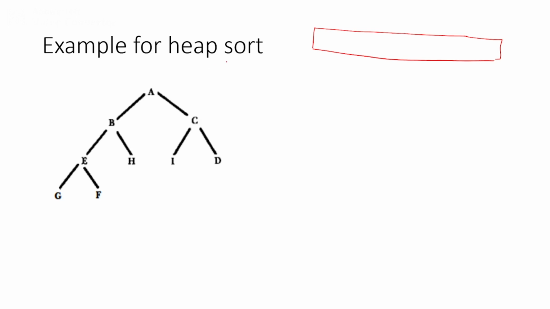We have a total of 9 elements in our tree, so I'll allocate this space for that. I will start the array index from 1, up to 9.